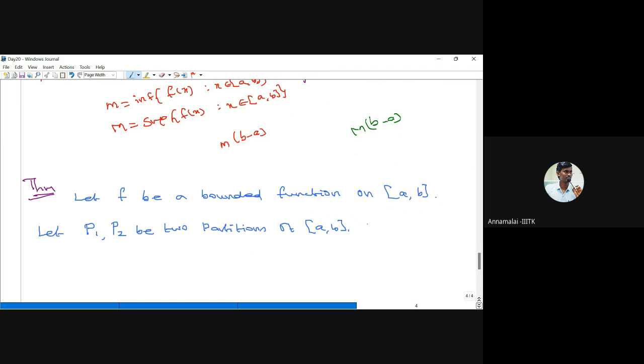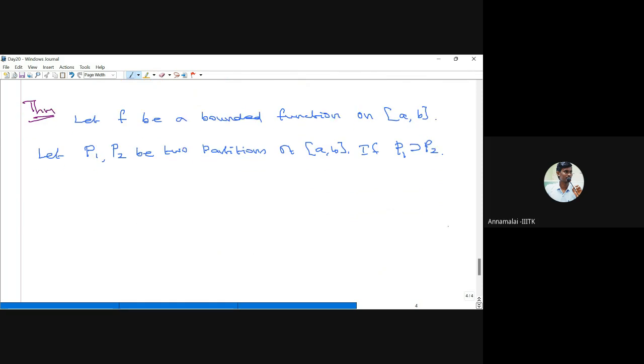Suppose P1 is a refinement of P2, that is, P1 contains more points than P2. Suppose P2 contains 10 points, then P1 contains at least 11 points, maybe 12 points or anything.